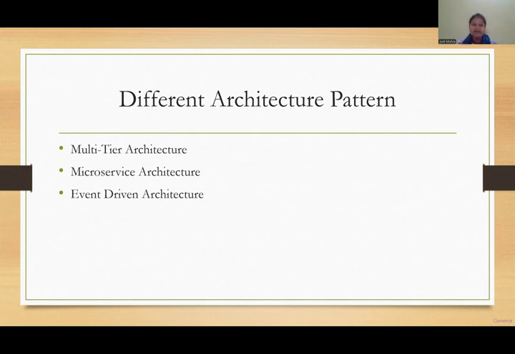We have to understand when a new concept or pattern comes in, the previous pattern may have some disadvantage, which leads us to the next architecture pattern. So any new thing which gets introduced helps us resolve the problem we were facing in the previous patterns.